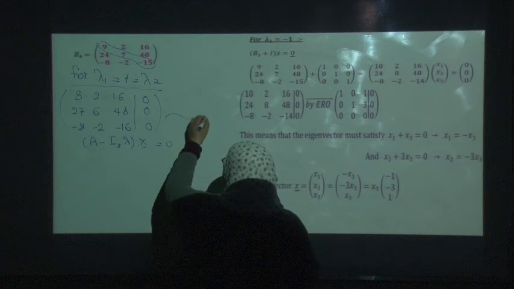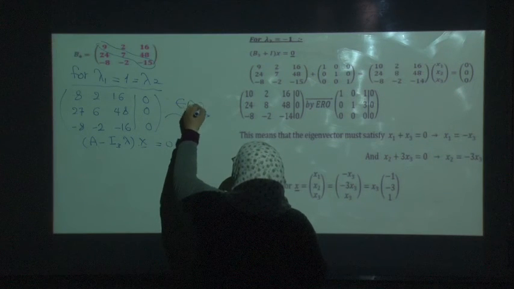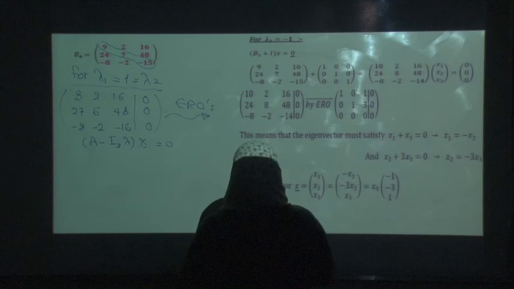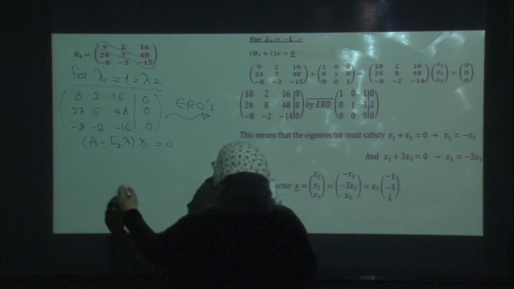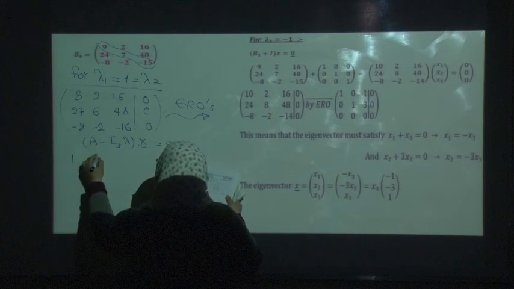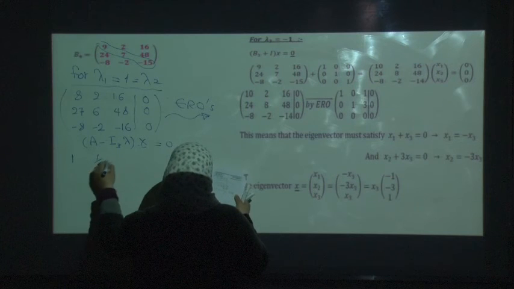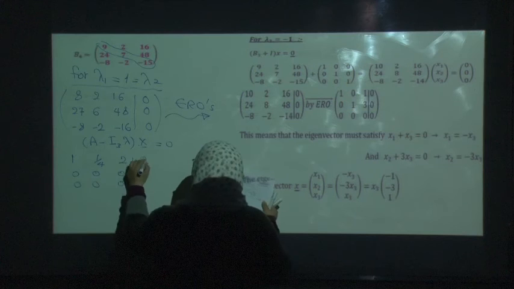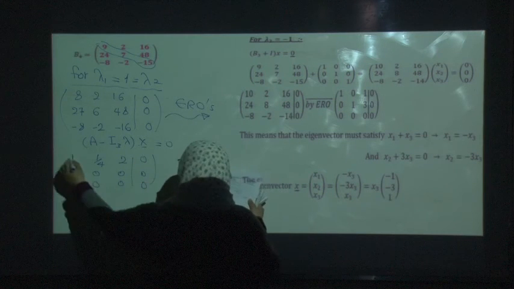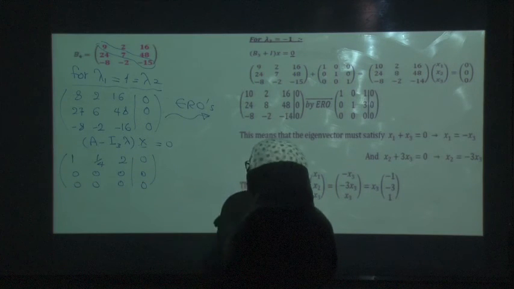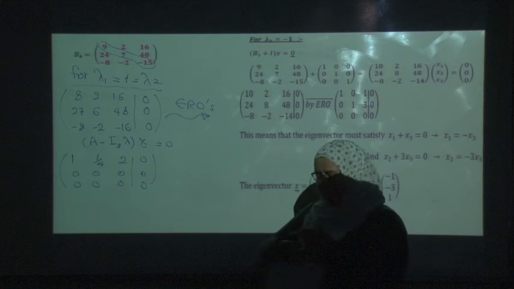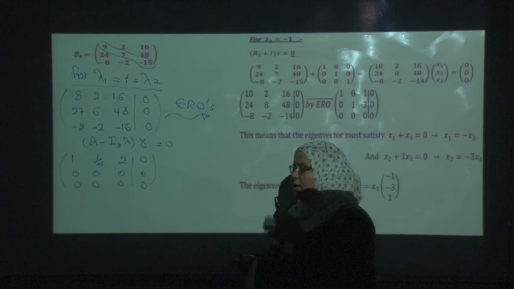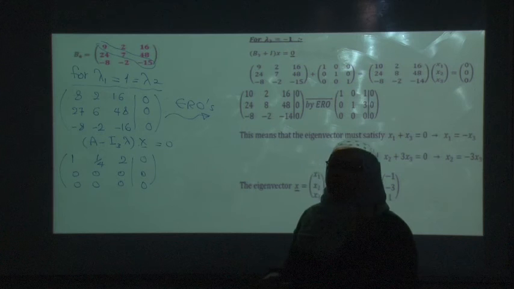Let's apply the elementary row operations to this form. We will find an output 1 and 1/4, 2 and then zeros. Of course, we remember that for the homogeneous linear system of equations where the results are zeros, we have only 2 types of solution.